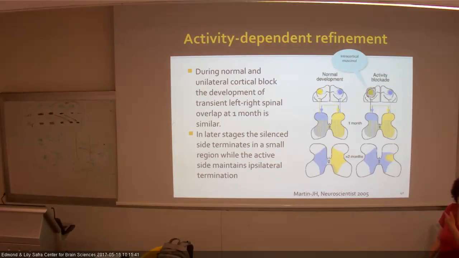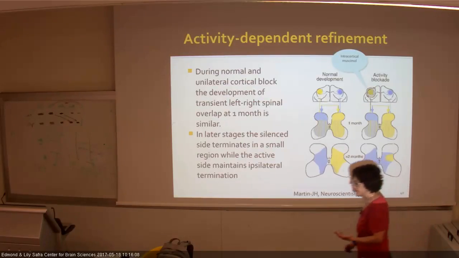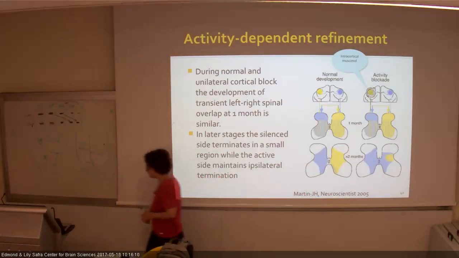So what type of experiment should this remind you of? In the visual system. The one with the stripe? Yeah, the stripe, and the one where you block eye closure, and the ocular dominance impairment. So in a way, the system is similar in this: activity is critical for the normal development of the corticospinal pathway.